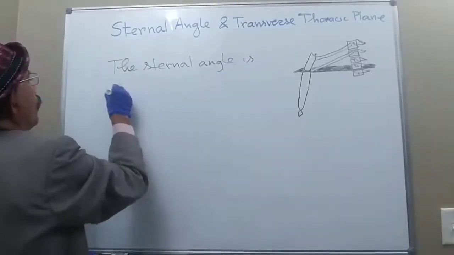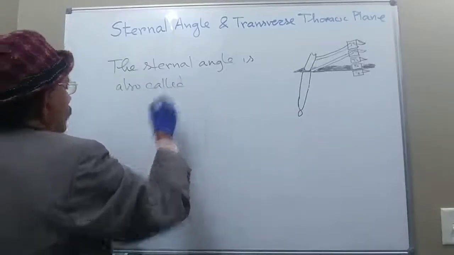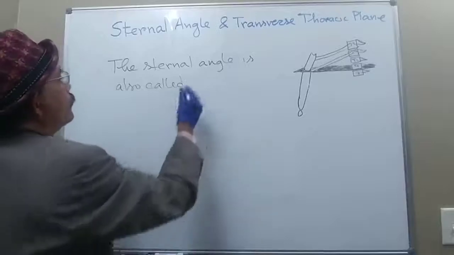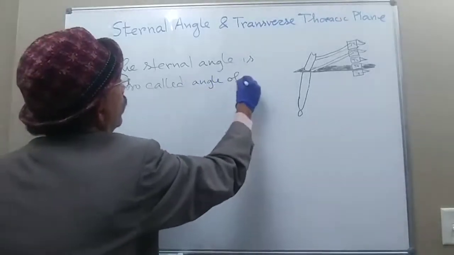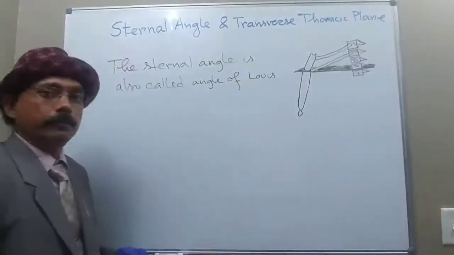The sternal angle is also called the angle of Lewis, or angle of Louis.